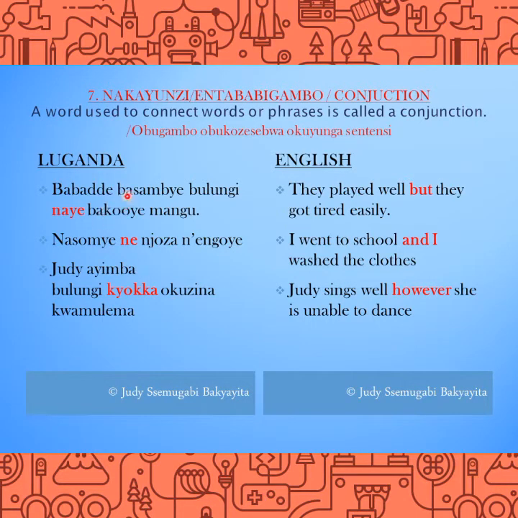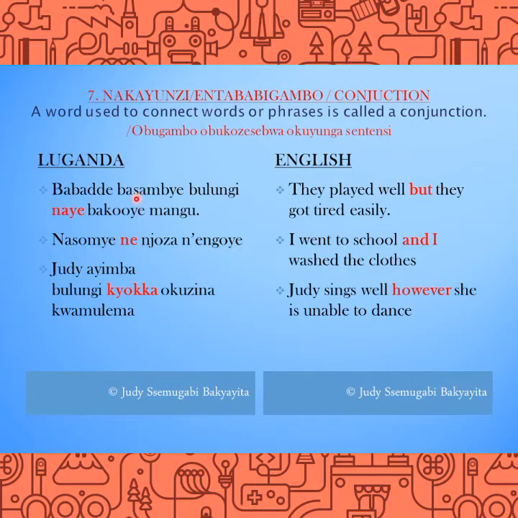These would have been two sentences, like babadde basambye bulungi, full stop. Bakooye mangu, full stop. So we should have had 2 sentences. But to make it one, we have to use a conjunction, which is ntaba bigambo or nakayunzi.